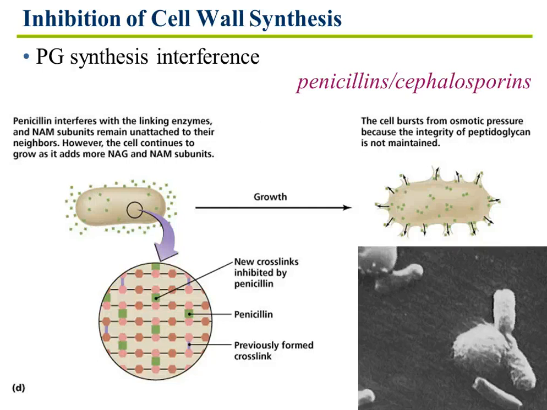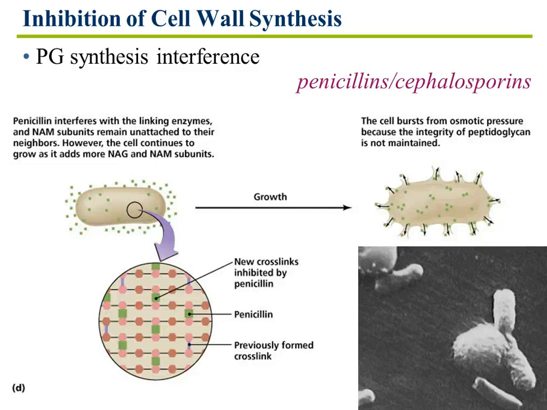The way that these drugs work is they block cross-linking between the amino acid chains sticking off of a peptidoglycan structure. Remember that the PG structure is a very lattice-like structure. I likened it to wood pallets. If you know the wood pallets in the grocery store that they bring boxes in on, if you stacked about 6 of those wood pallets together on top of each other, you would have a structure similar to peptidoglycan.